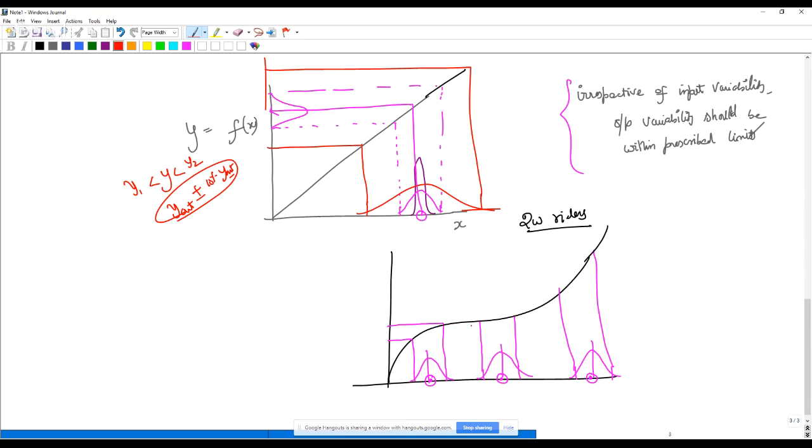I'll use a different color for the second one so that it doesn't overlap. As you can see, these are at different X, different inputs that I'm taking, but the variability of the X seems to be the same. The means are different.